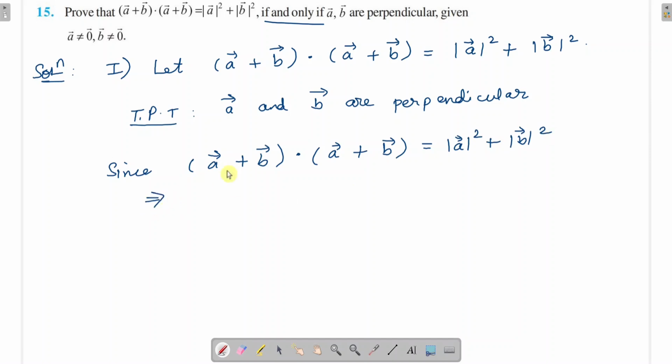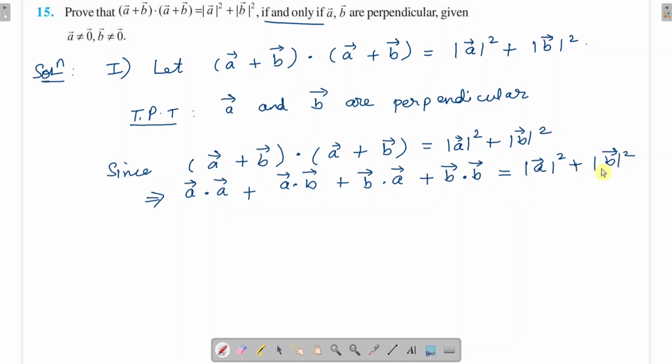So this implies, now we can take the dot product. So it will be a bar dot a bar plus a bar dot b bar, right? Then b bar dot a bar plus b bar dot b bar. So this is equal to magnitude of a bar square plus magnitude of b bar square.